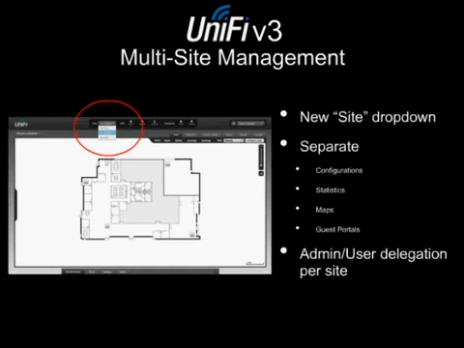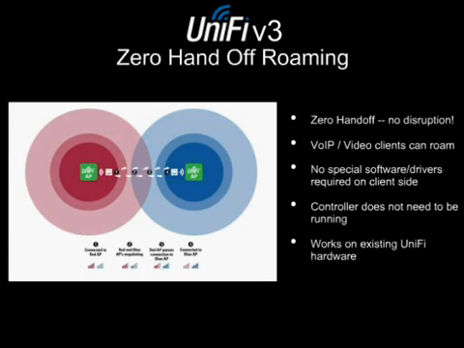Excellent. And the other really key capability in UniFi 3 is called zero handoff roaming. This is designed to solve an increasingly frequent challenge, which is mobile users on a cell phone or on a tablet device who are roaming across campus and moving between the coverage zones of two different access points.